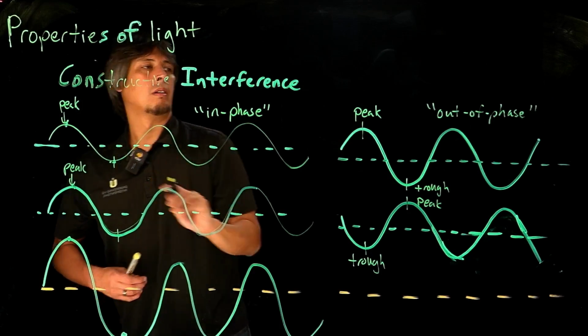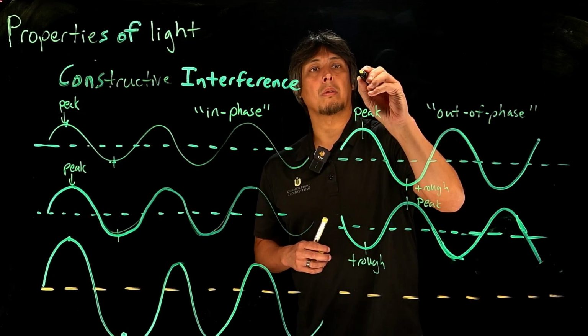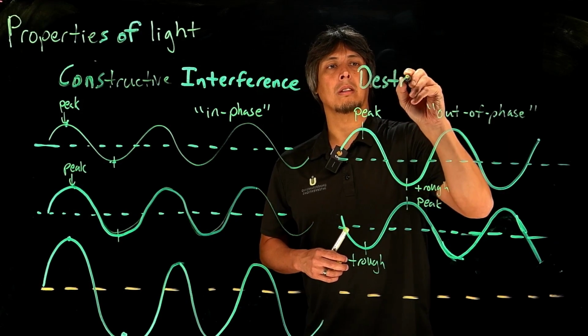For the two waves that are out of phase, the opposite is going to happen, and what we're going to get is called destructive interference.